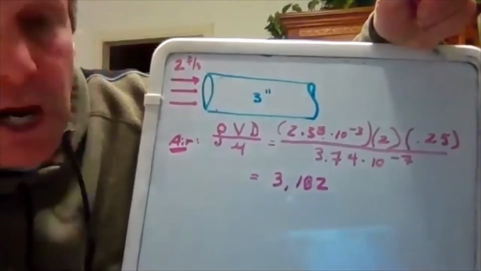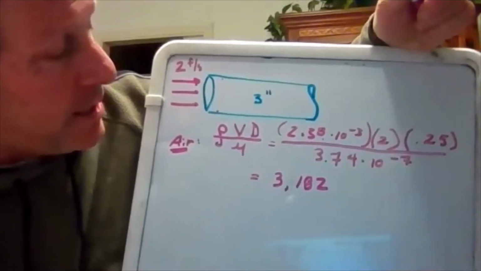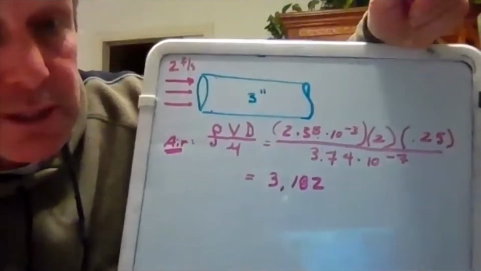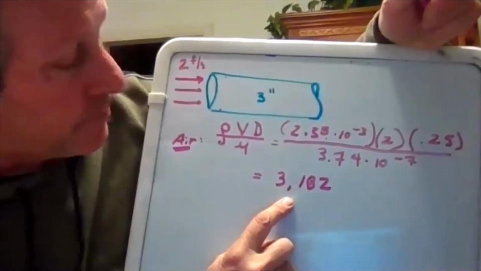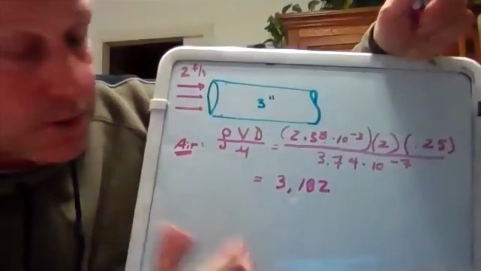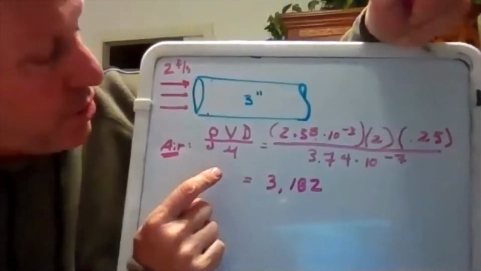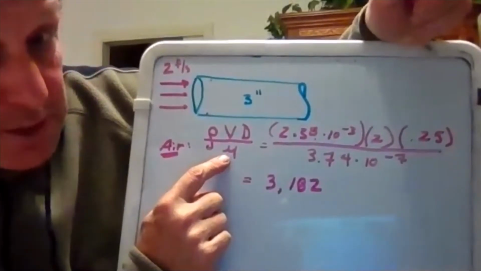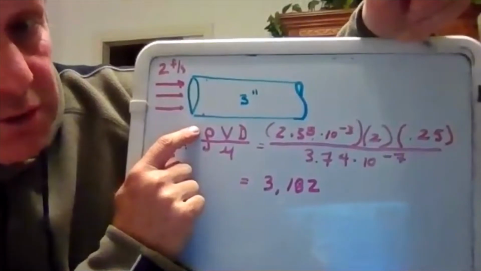Couple other comments about it. What does that actually mean? We're not there yet. We just have this number, okay? But the textbook is going to say that this Reynolds number tells us a ratio of, well, this is cohesion, and this is separation forces, or they sometimes call it inertial forces.